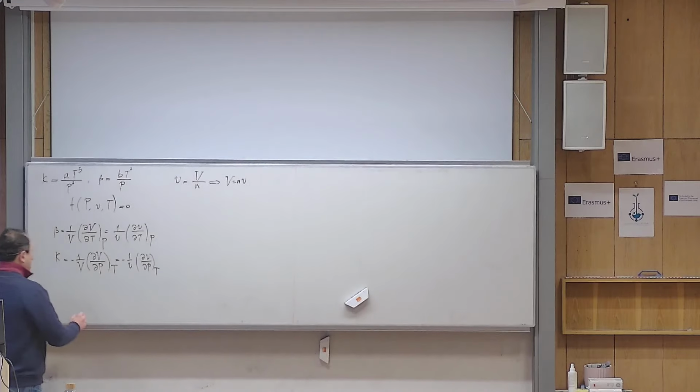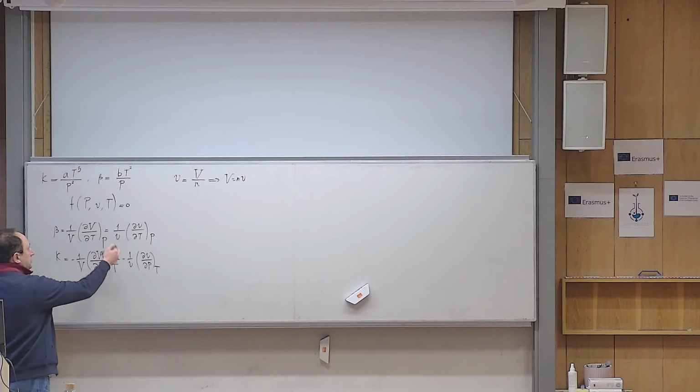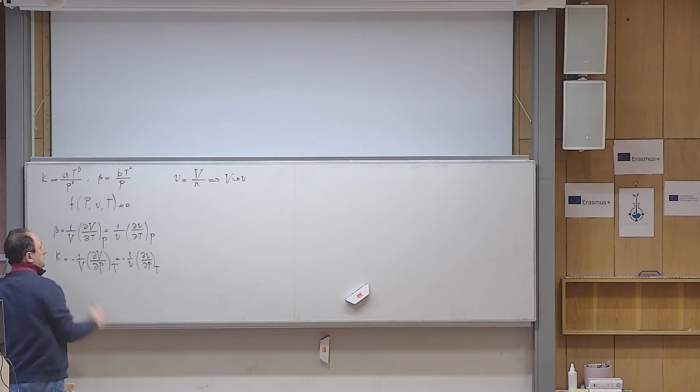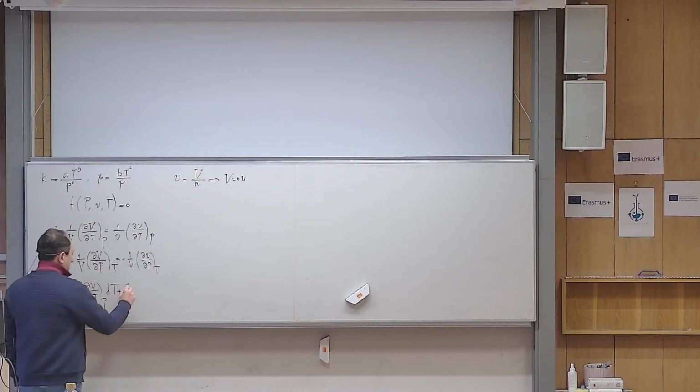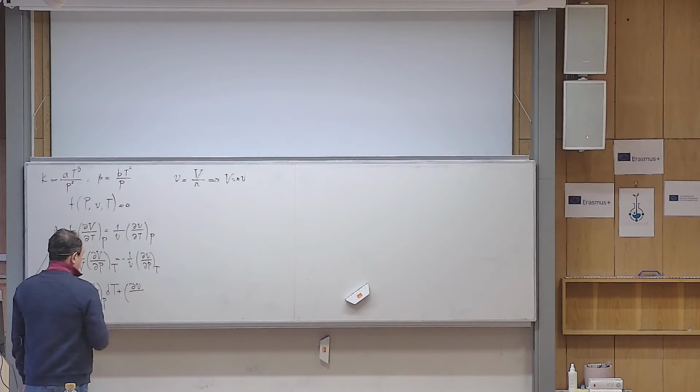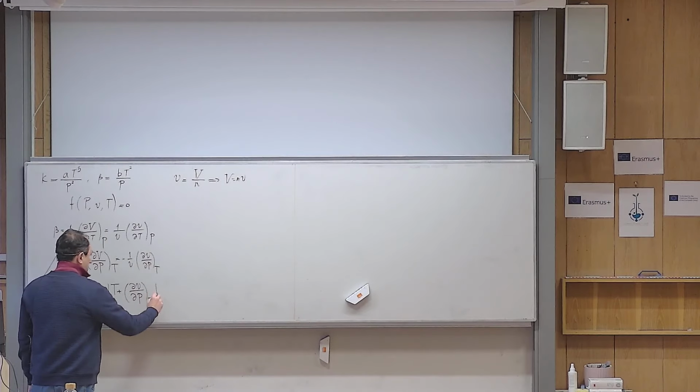Now, let us say that V is a function, because I know that V should be a function of the other two variables. So let us write dV for that. It becomes the partial derivative of V with respect to the temperature when the pressure is constant, multiplied by dT, plus the partial derivative of V with respect to the pressure when T is kept constant, times dP.